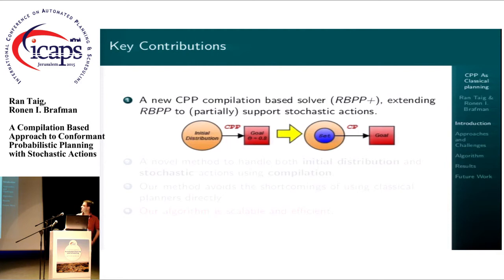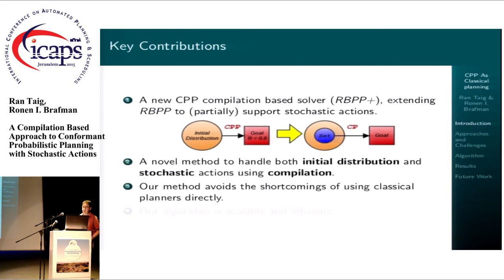So the key contribution of our work is a new CPP solver called RBP+, which extends our previous CPP solver, RBPP, to partially support stochastic actions. So basically what this solver does is restrict the initial state and determinize, and by that compiling the probabilistic problem into a non-deterministic problem, and with deterministic actions.